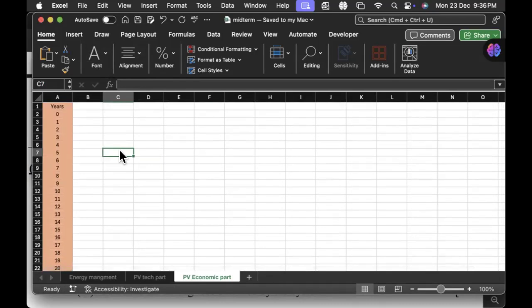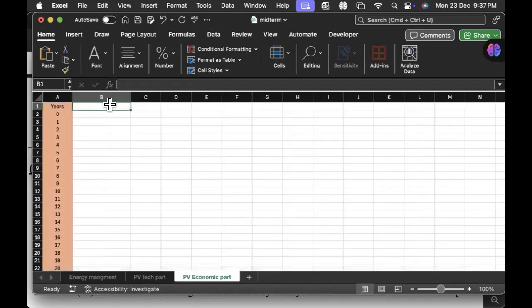Before going into the economic part, the money, the cost, let's first consider more toward the energy yield part. So starting from year number 1, the system should start to generate energy. So this is generated energy.